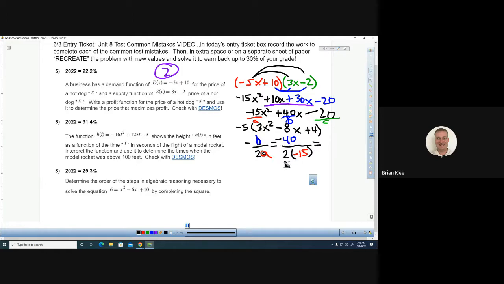Negative 40 and negative 30. And honestly, I would grab a calculator if I were you at this point, and I would end up with 1.33 because I've got 4/3. That's what that simplifies to. It's negative divided by negative, positive 4/3, which is 1.33. And now we can check all of that on Desmos.